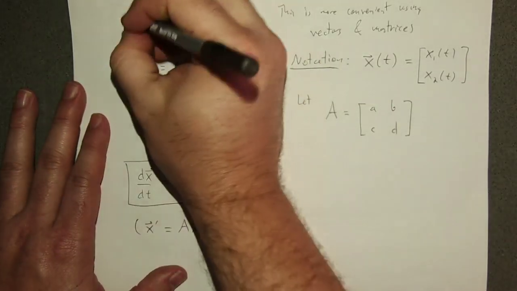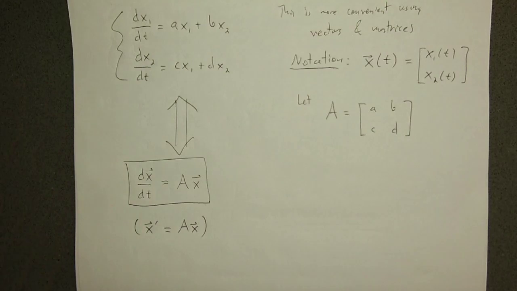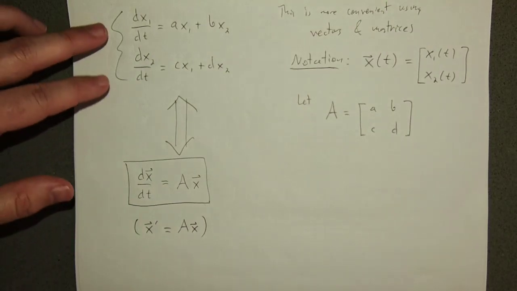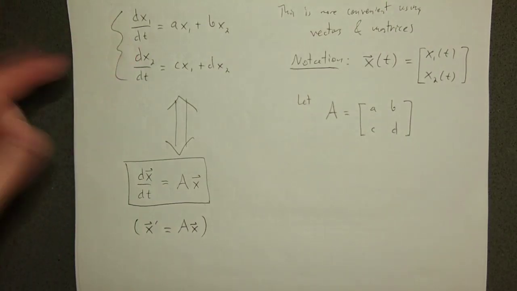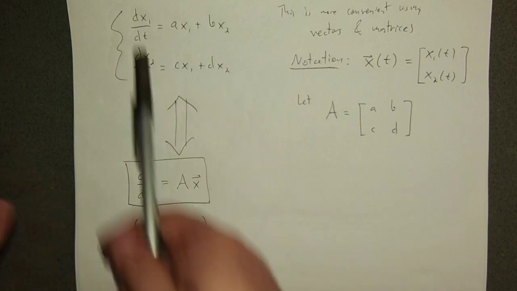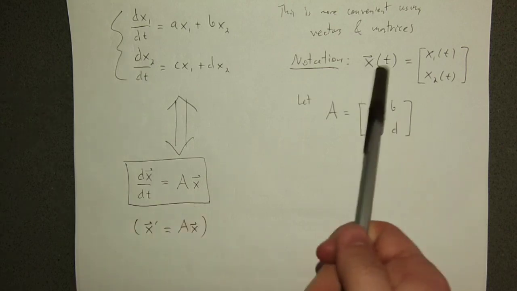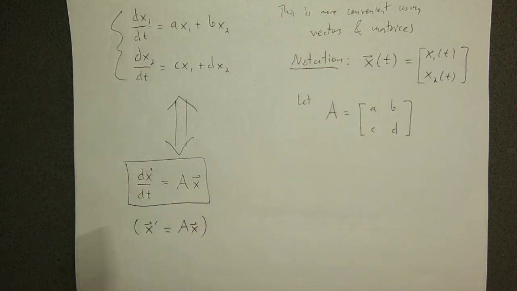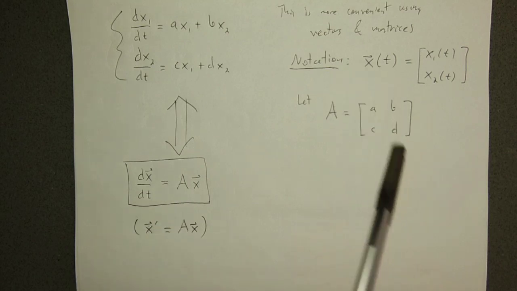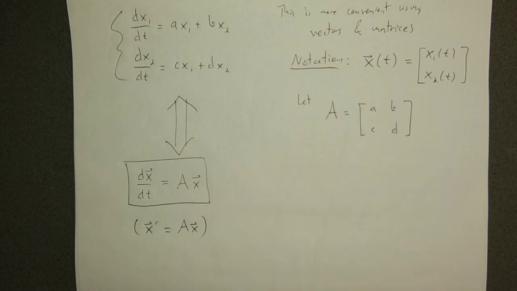We have a system of first order differential equations. We seek unknown functions x sub 1, x sub 2. Instead of looking for two functions that are solutions to this system, we look for a single vector that solves this equation, dx/dt is equal to Ax, so that this single vector takes the role of our single solution.